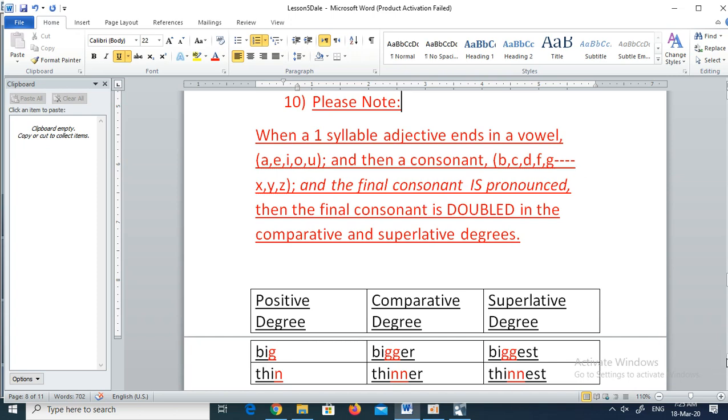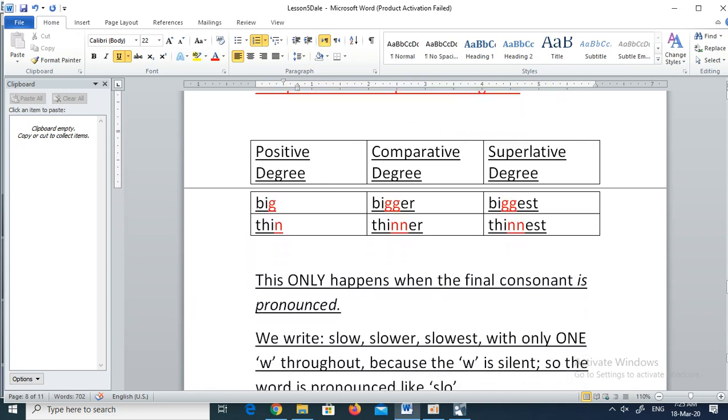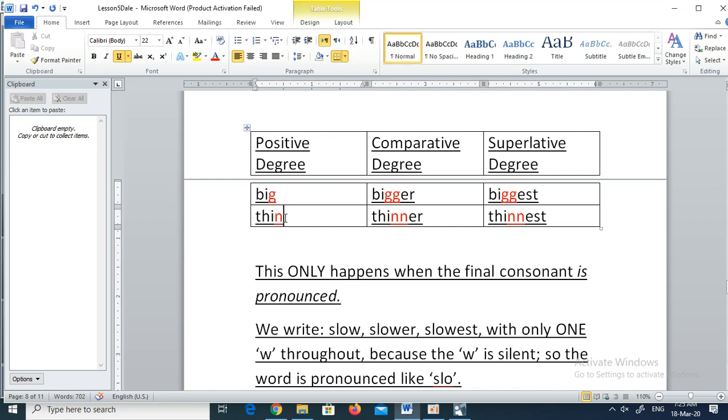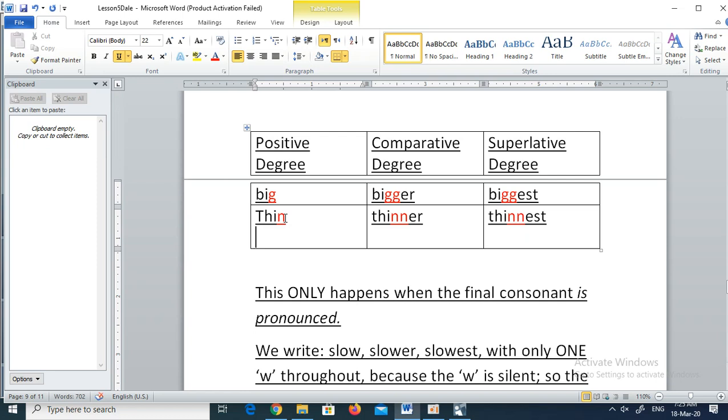So if we look at big, it is ending in a vowel, I, and a consonant, G. When we look at thin, it ends in a vowel, I, and a consonant, N. But we can do this with other words such as fat, and it would go to fatter, and it would go to fattest.